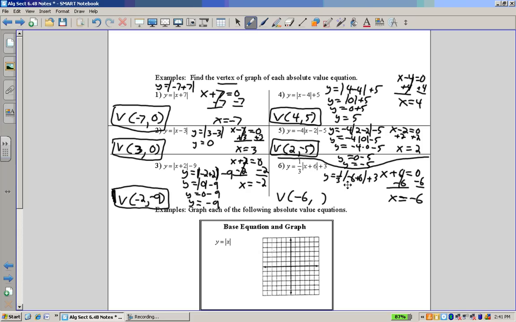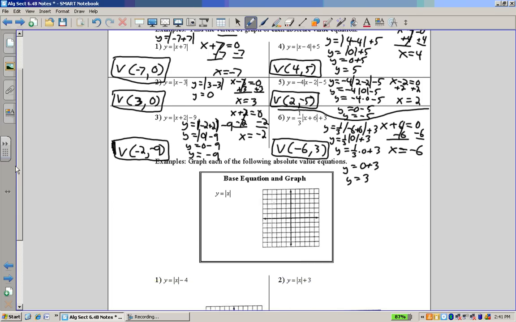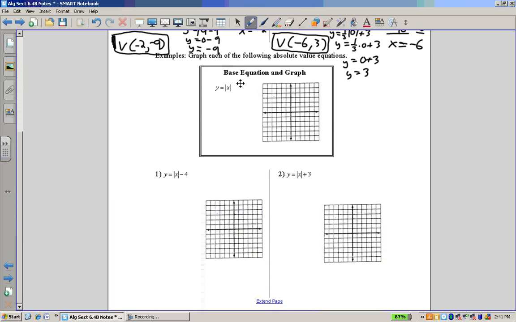And negative 6 plus 6 is going to be 0. The absolute value of 0 is 0. And 0 times 1/3 is 0. So y is going to be 3. So there's my vertex.